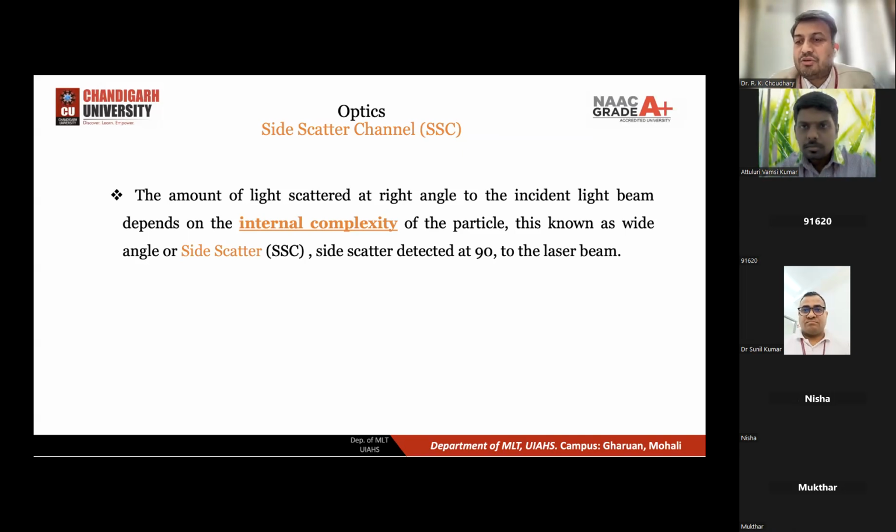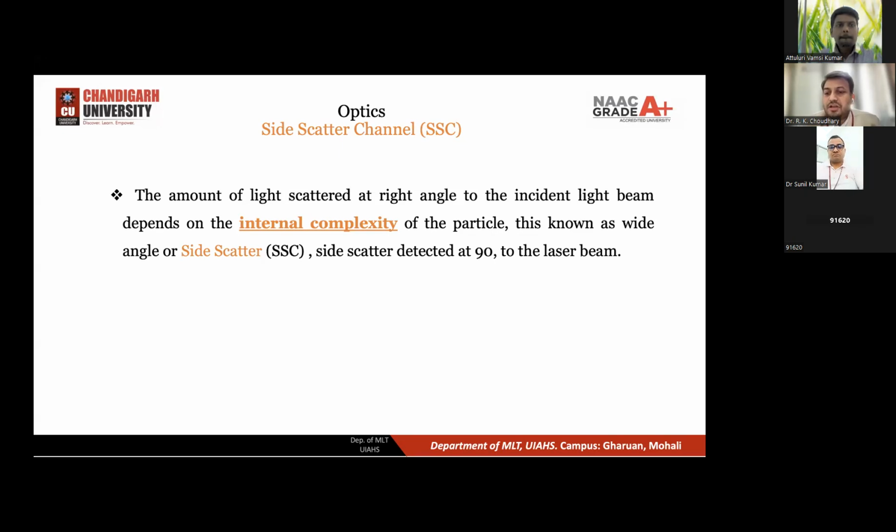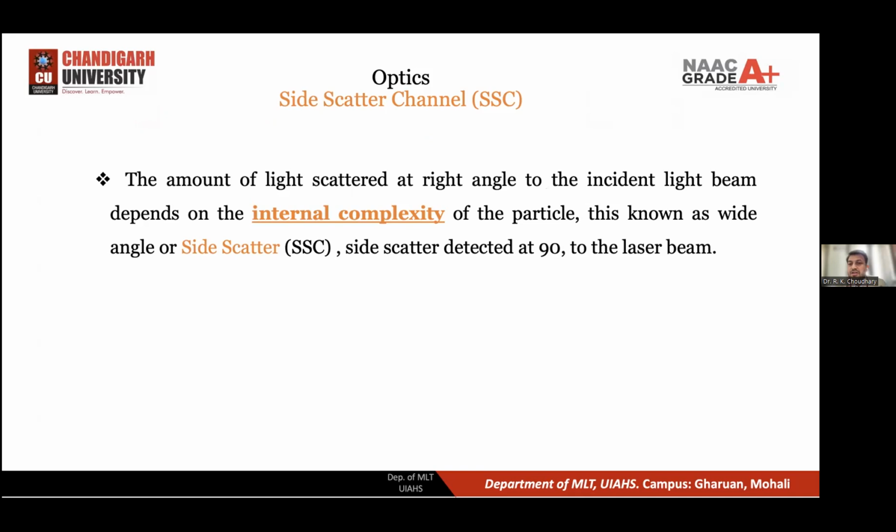So not only the count here in flow cytometry, we want to know the structure, the cell surface, the nature of the cell. Not only the nucleus, not only the granules, but the cellular surface markers are also present, and we identify them.